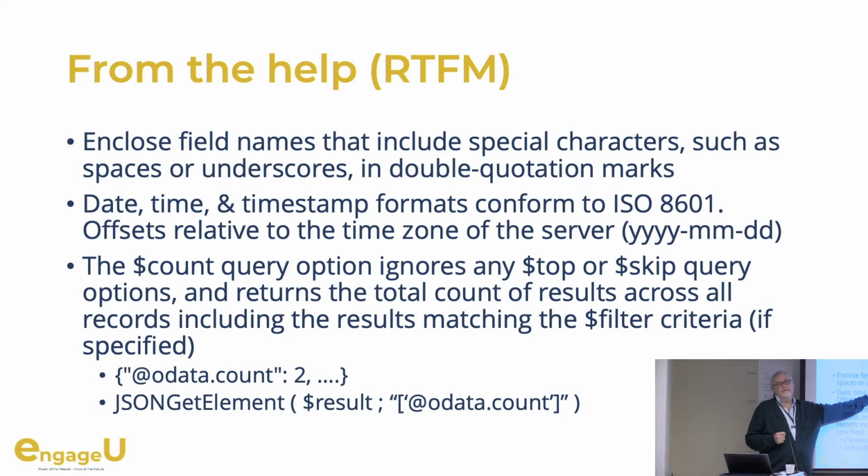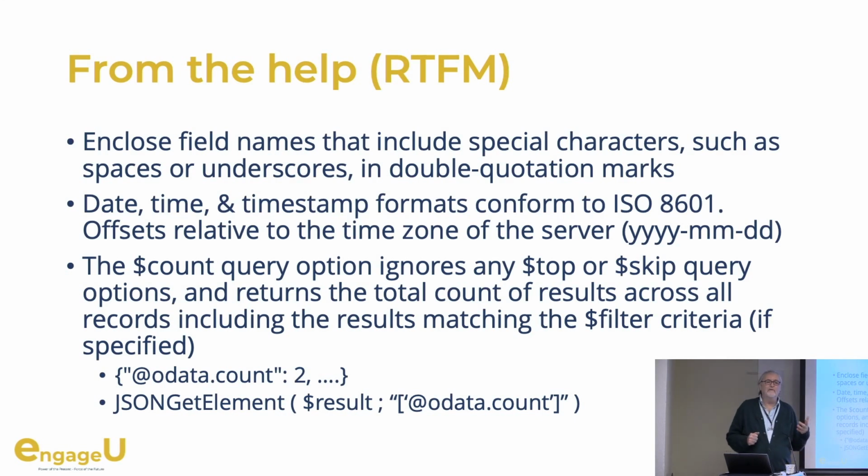This caught me out. Maybe it's obvious because I stopped using spaces for execute SQL, but in OData, you can't use underscores in your field names either, and expect it to work unless you wrap the field name in quotes. Okay? Correct, in the field name.